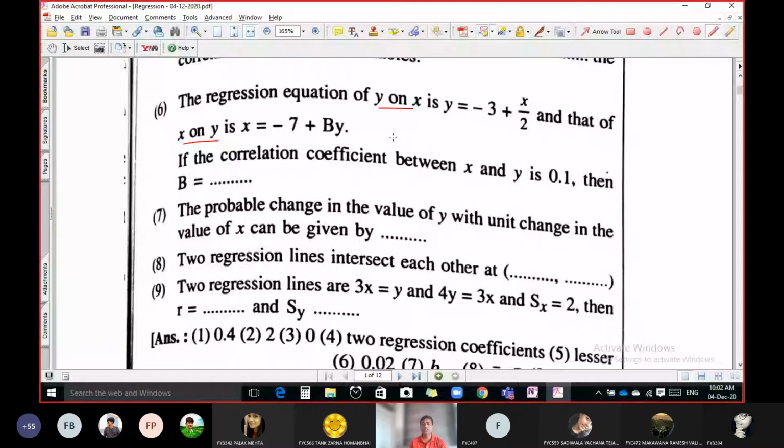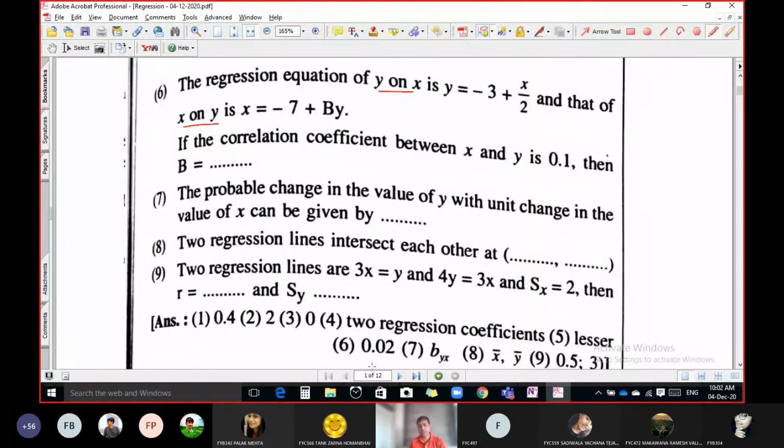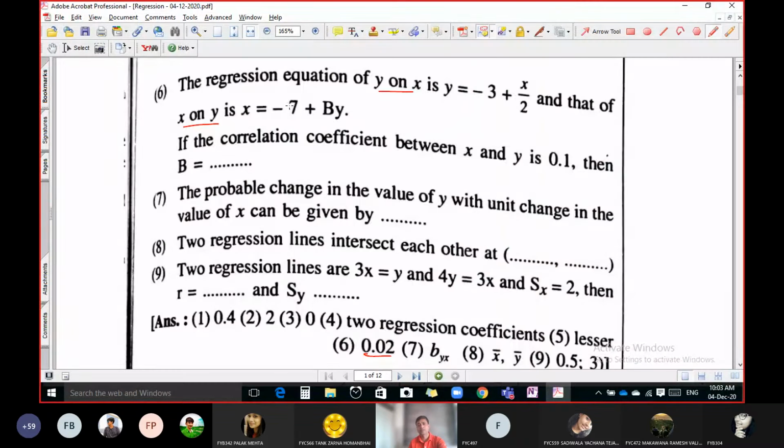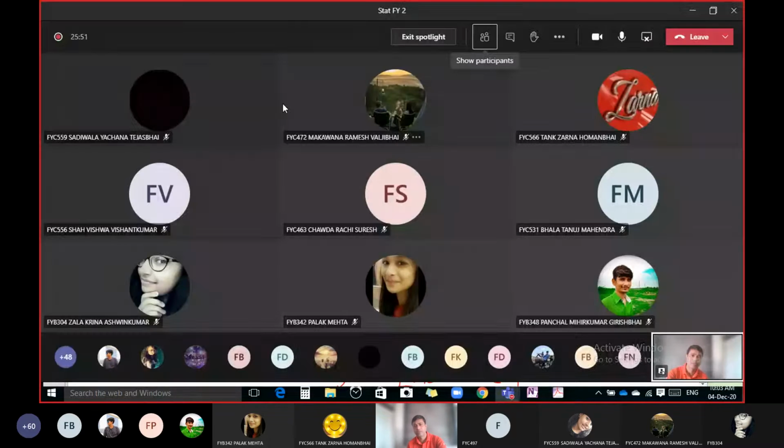How can you obtain the answer 0.02? The answer is given here, but the question is how to obtain that answer. What is the justification? How can you prove that? Any of you know the procedure?